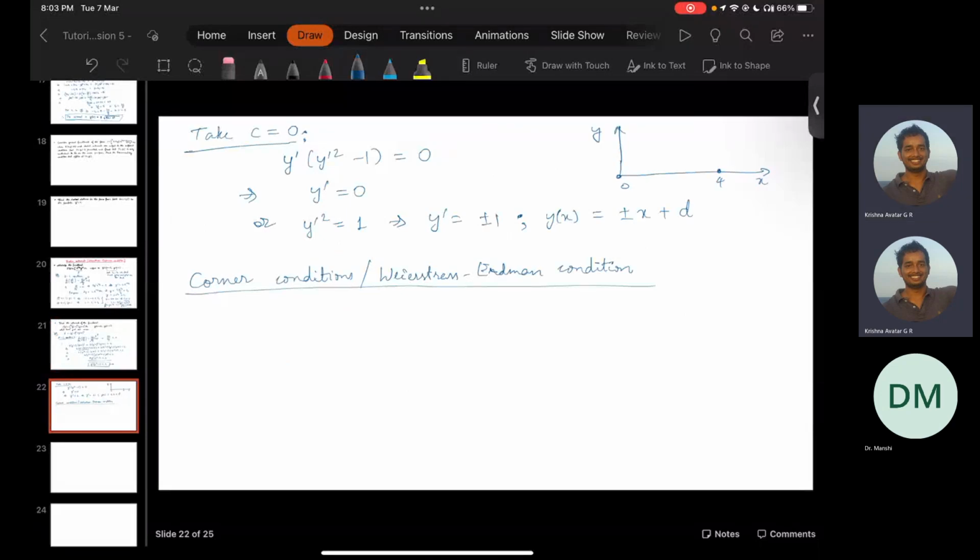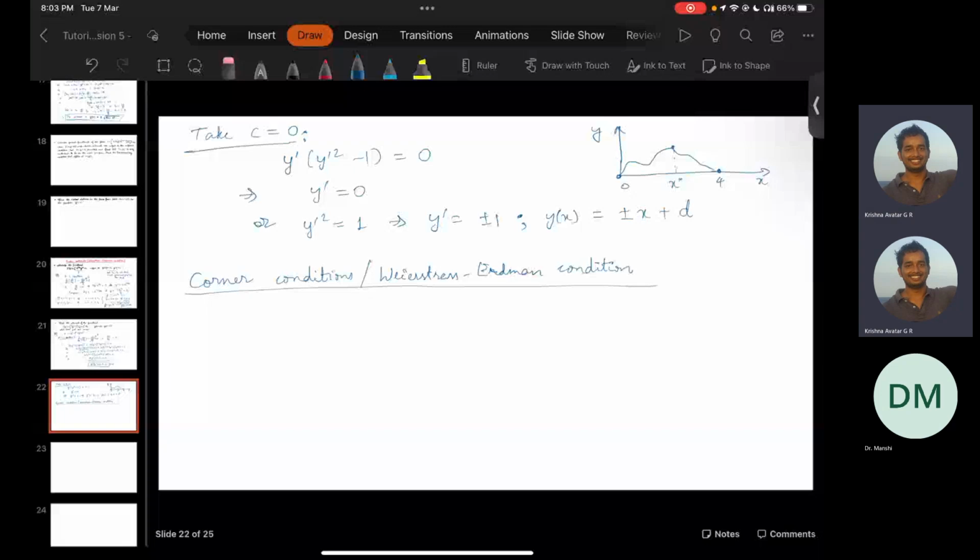And we need to find using one corner. Let's take this to be the corner, and this is also some arbitrary function. And this is our corner condition x star. So essentially, our problem is to determine the corner x star. For this, the extremal for the first interval, which is from 0 to x star, is y1, and the extremal for the second interval is y2.